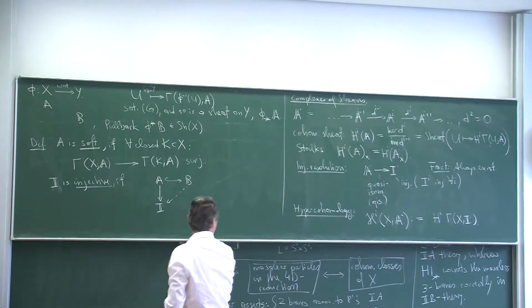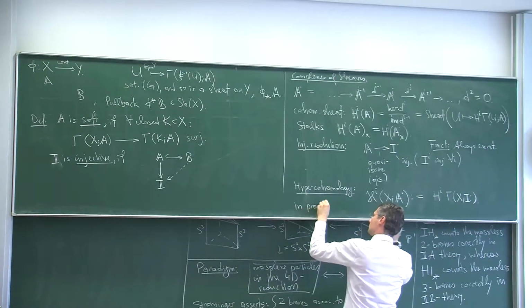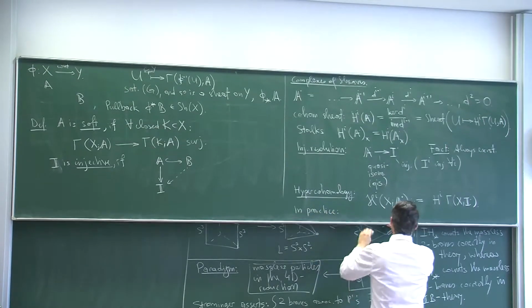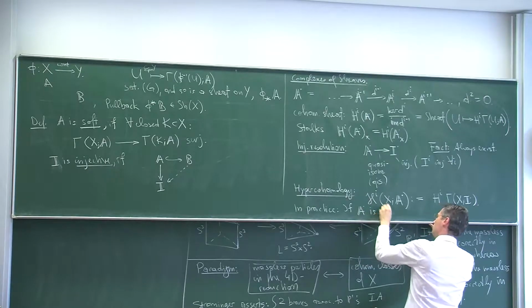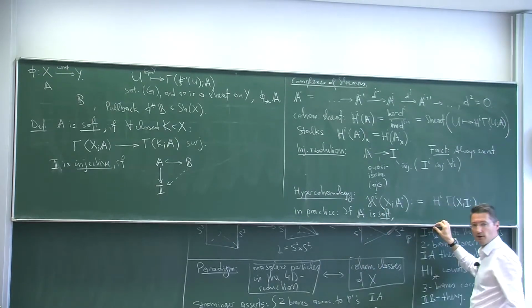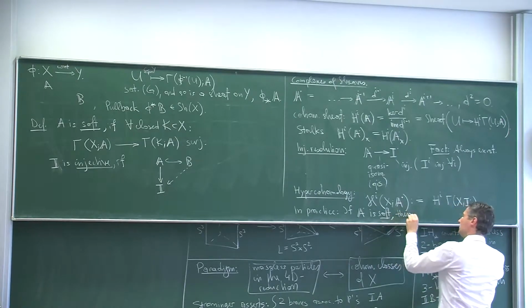And the fact is, in practice, oftentimes, if you have a complex and you know it to be soft, then you can use it directly to compute hypercohomology. Now, that's a theorem you have to prove, but it's true.